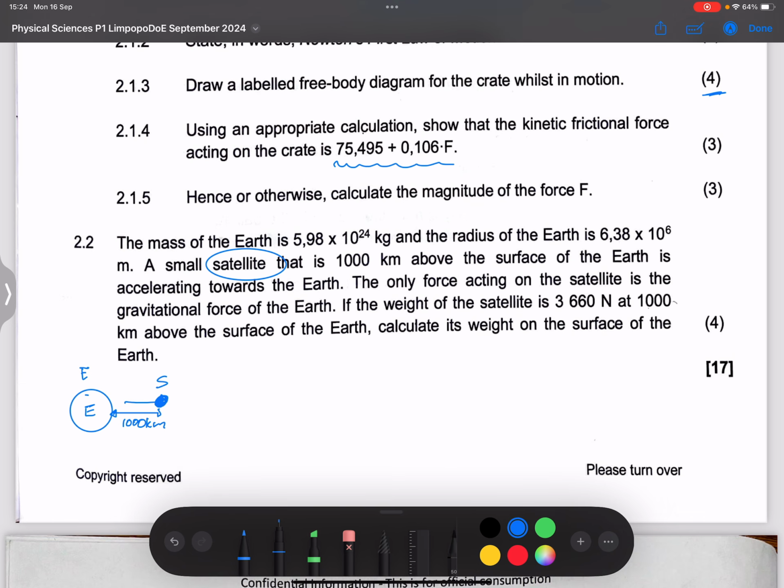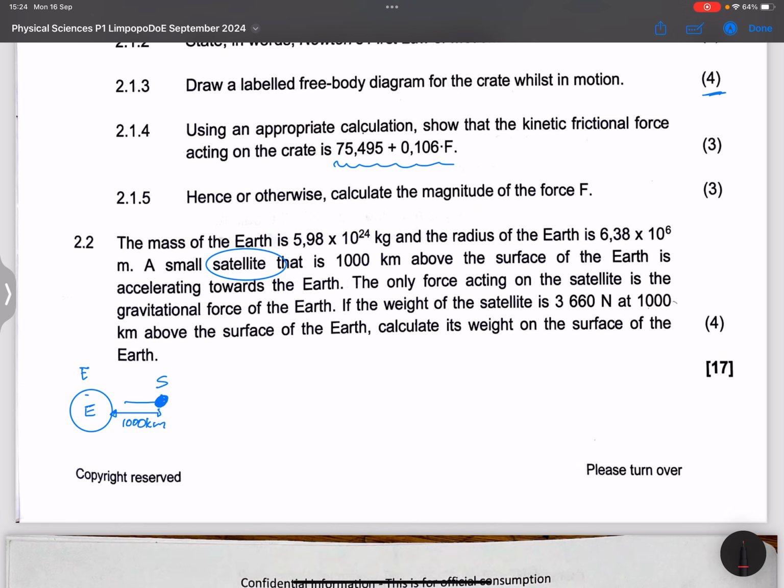Now let me indicate those forces that are acting there. The satellite is being pulled towards the Earth. So in this case, we want to know the mass of the satellite.